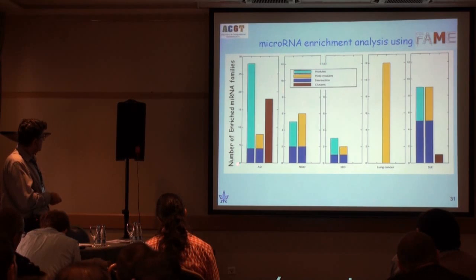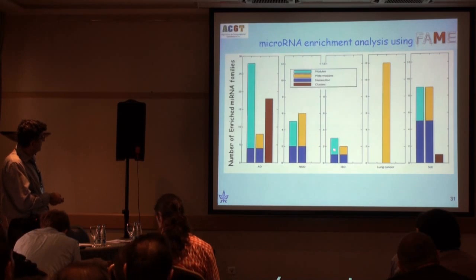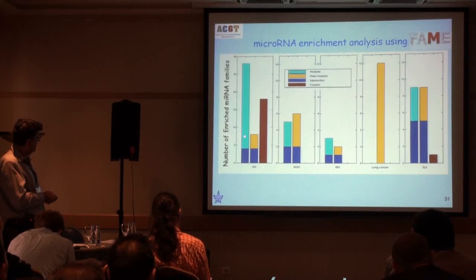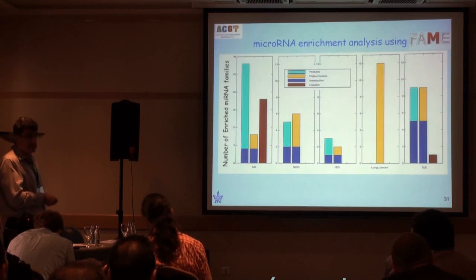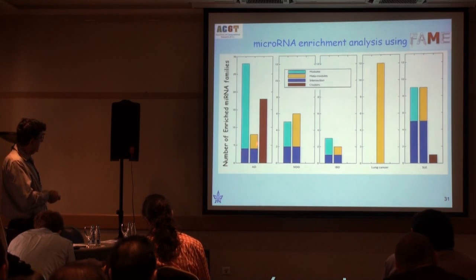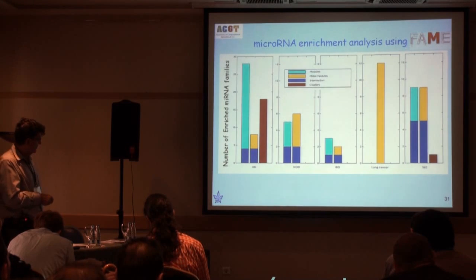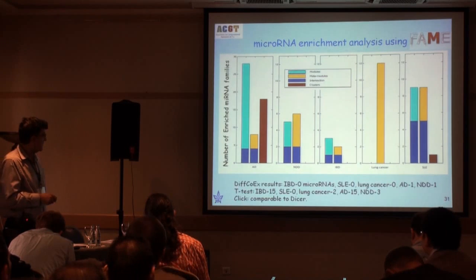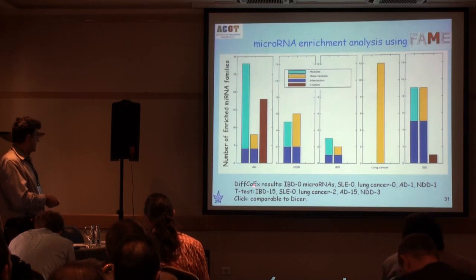And what you can see here is that modules and meta modules find different things, and the overlap is not complete. So there are microRNAs that are enriched only on the modules, and there are others that are enriched only in the meta modules. The dark blue is the overlap between them. But we do find a substantial number in all cases.